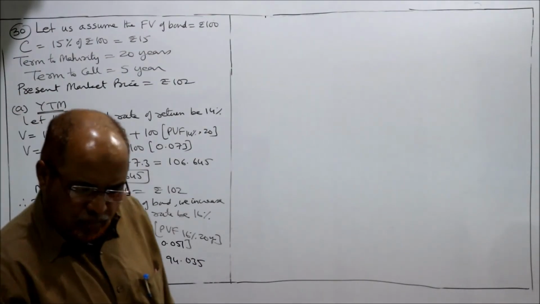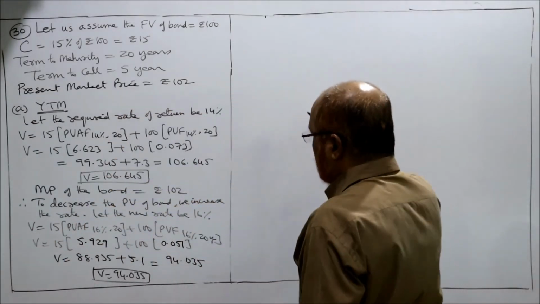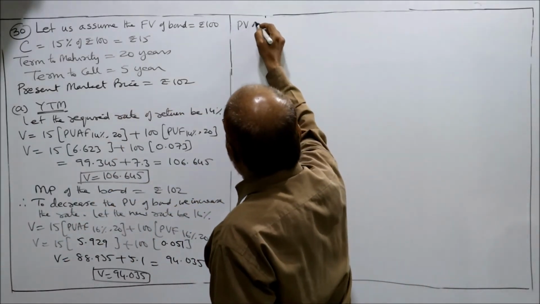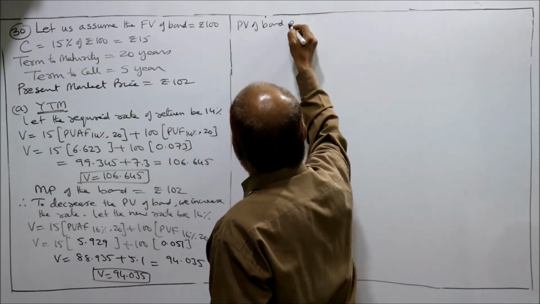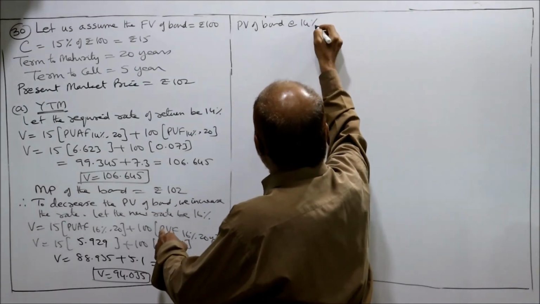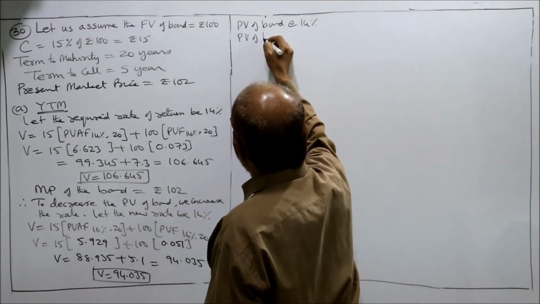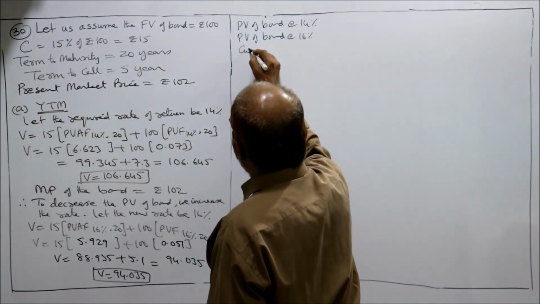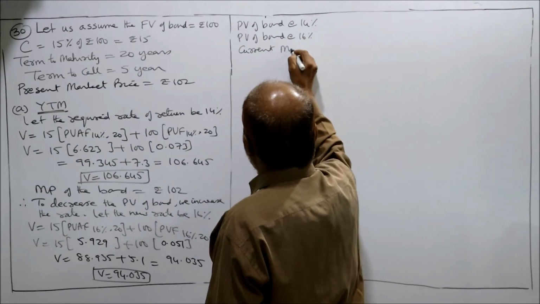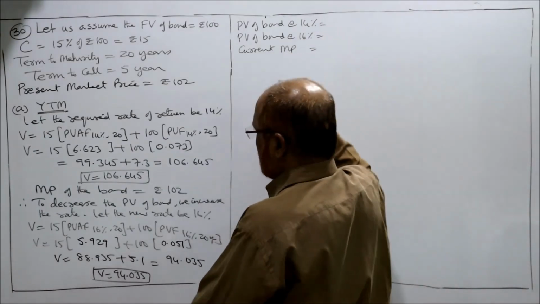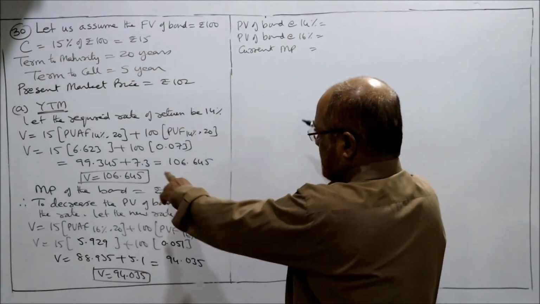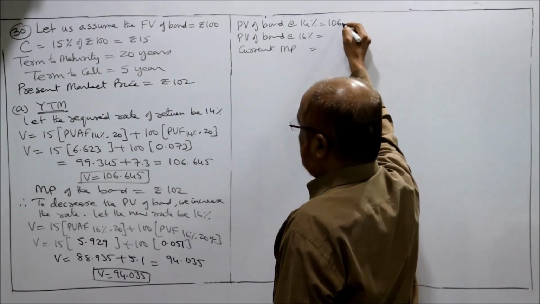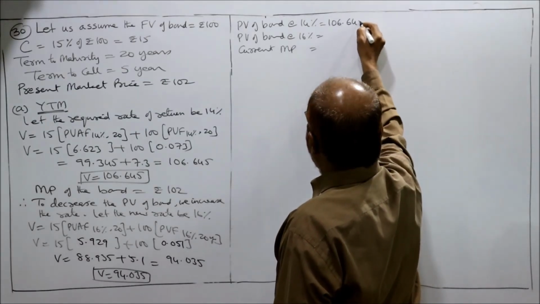So one value we got more than 102, the other value we got less than 102. So the present value of bond at the rate of 14% we got 106.645.